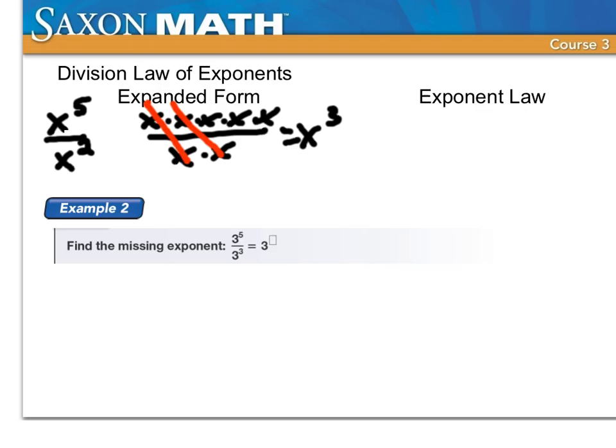So let's look at our exponent law. The problem we started with was x to the 5th over x squared. What did we do? We took our base x and kept it the same. And then look at what we did: 5 and 2, how do we go from 5 and 2 to get 3?